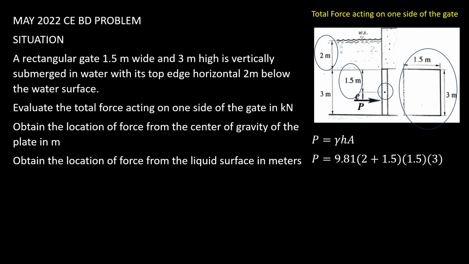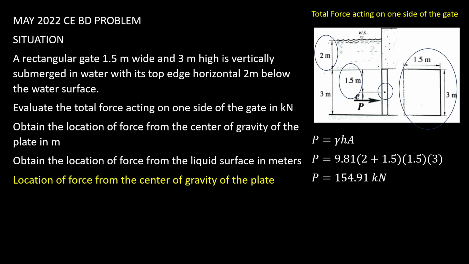Doing the direct substitution now, we have our equation as pressure equals 9.81 times (2 plus 1.5) times 1.5 times 3. Finally, we have now our value for the total force acting on one side of the gate, and that force is equal to 154.91 kilonewton.